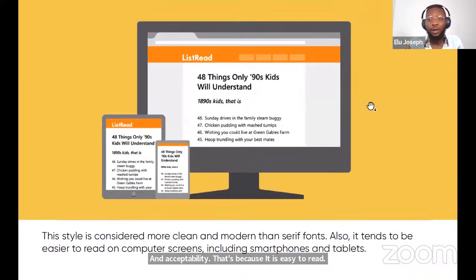That is why on all your websites that you visit, they are mostly sans serif fonts. On all the social media platforms you visit, sans serif fonts. Even on your mobile phone, the fonts used to outline every icon, every setting, and everything is sans serif. So it's easy to read.